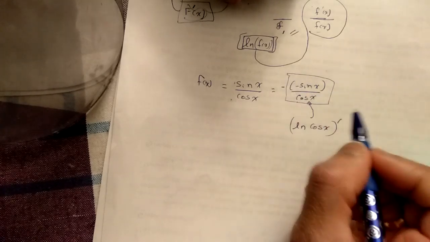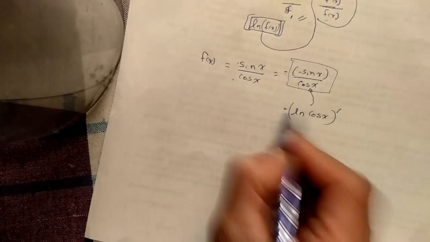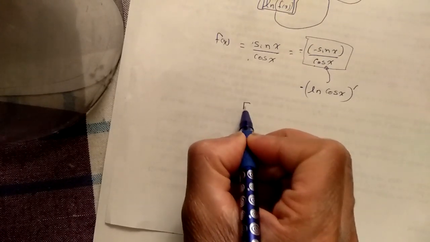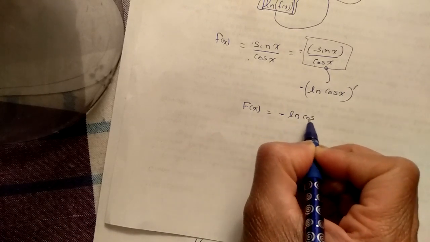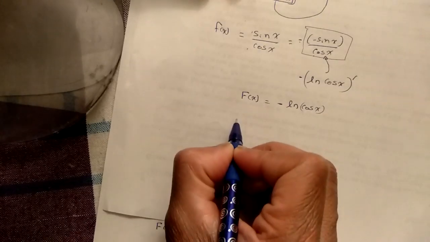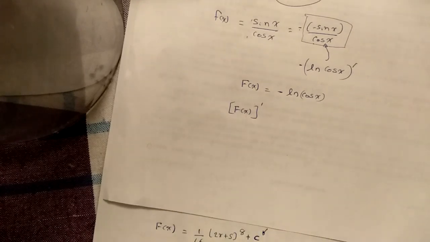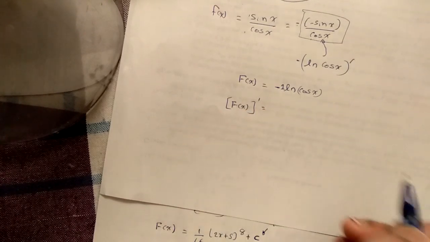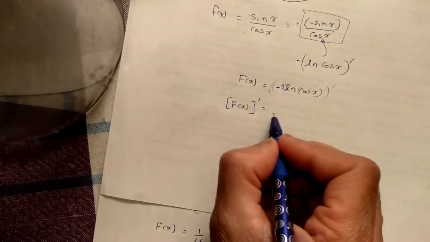But the only difference here with the previously discussed question is you should have an additional negative sign in front. Okay, so in other words, if we write capital F as negative ln cosine x, then see what will happen if you differentiate the capital F. When you differentiate capital F, you can consider the negative as a multiplication with a constant so that you can take it out when you are differentiating.